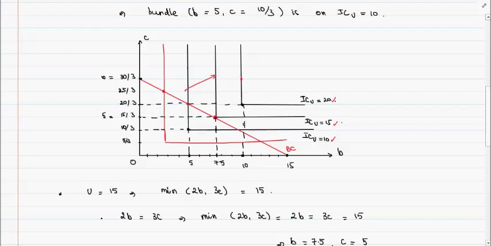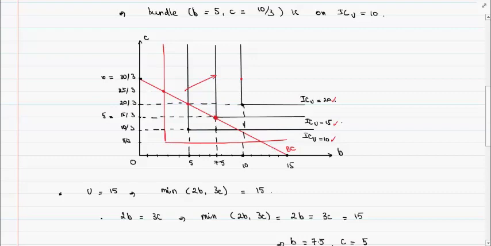So this is the affordable and most preferred bundle because it lies on the highest indifferent curve possible. This is basically the tangency between the indifferent curve and the budget constraint.